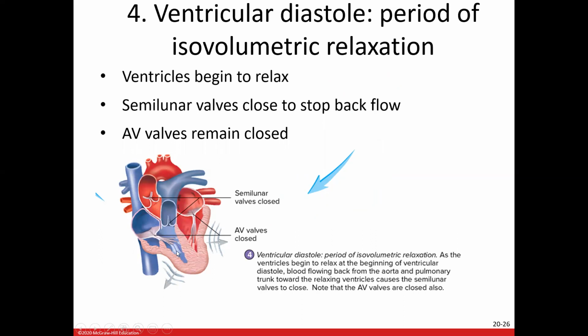They're going to clog up so that the blood can't flow backwards from the pulmonary trunk into the right ventricle, or from the aorta back into the left ventricle. And the AV valves are still going to remain closed during this time, so both the tricuspid and the bicuspid will stay shut.